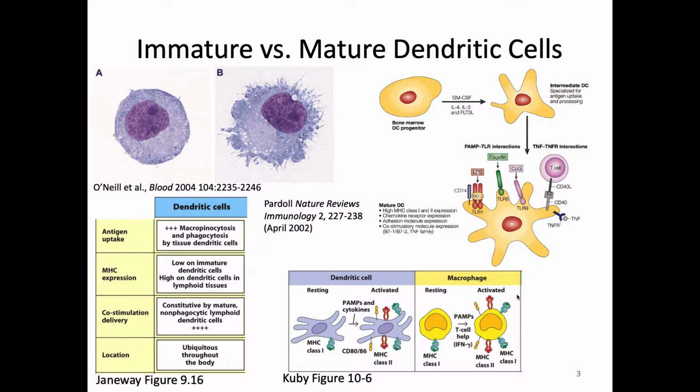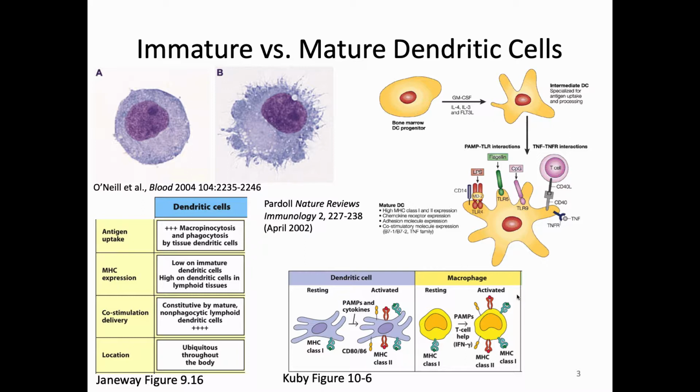So here you can see a mature dendritic cell. Now it starts to have all those nice little projections that make it dendritic-y. It's also going to have way more proteins on its cell surface.